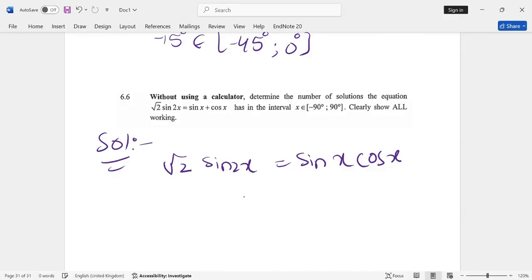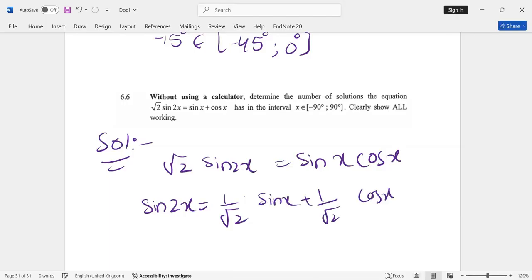We have square root of 2 sine 2x equals sine x plus cos x, okay? So sine 2x equals 1 by square root of 2 sine x plus 1 by square root of 2 cos x, when we divide by square root of 2 on this side.